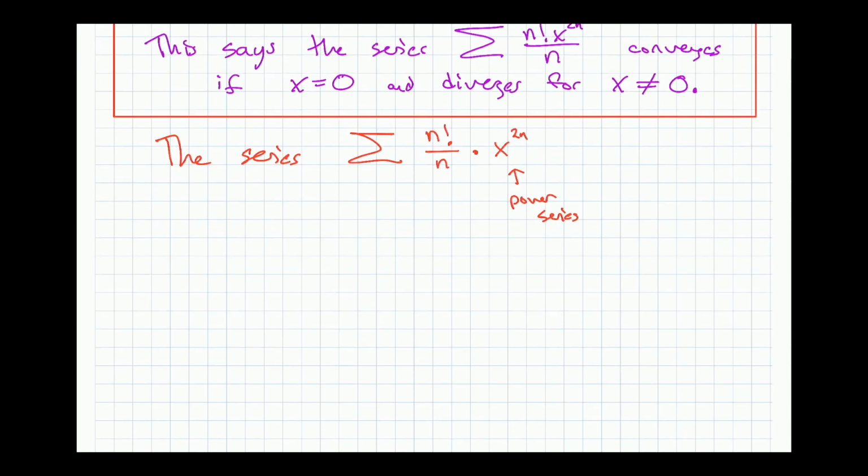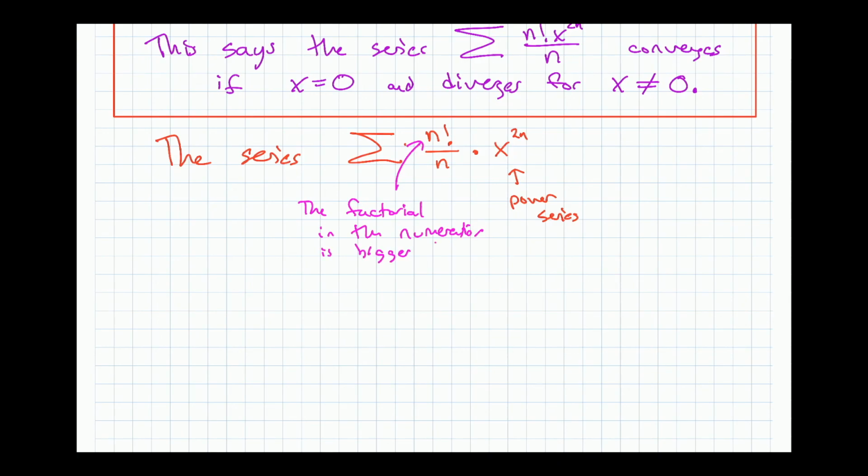But with the factorial in the numerator, the factorial in the numerator basically means that the numerator is bigger than the denominator.